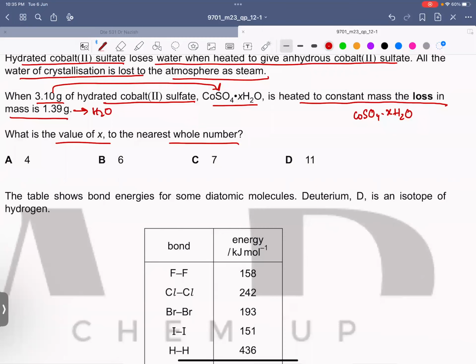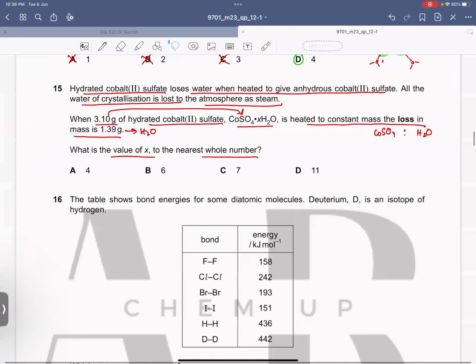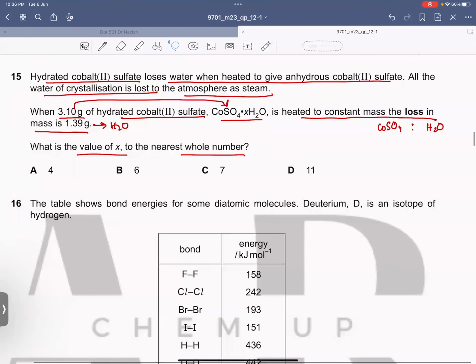Can anybody tell me the Ar value of cobalt, please?